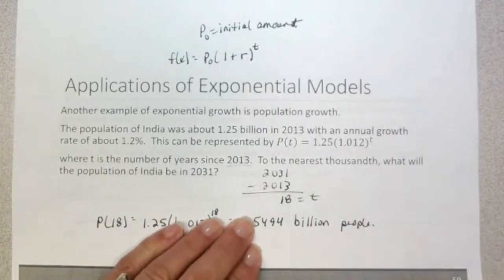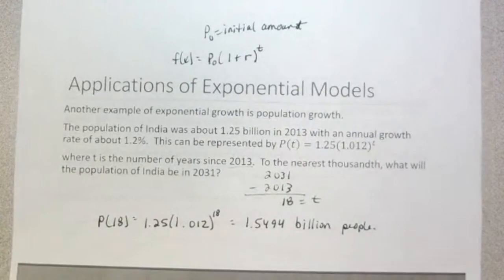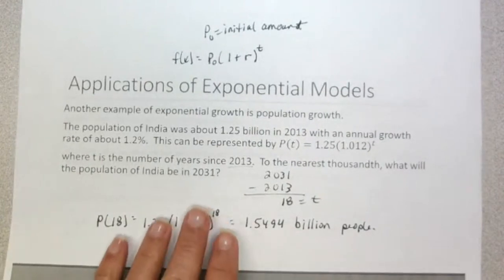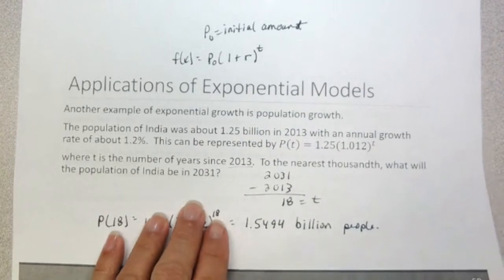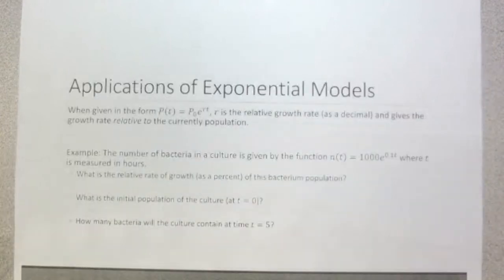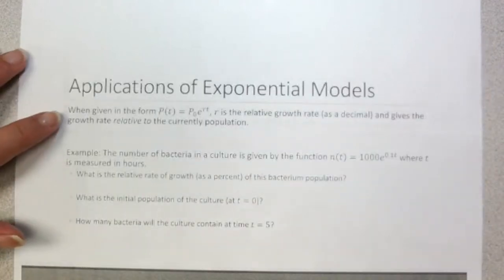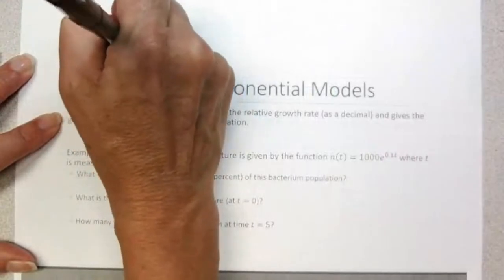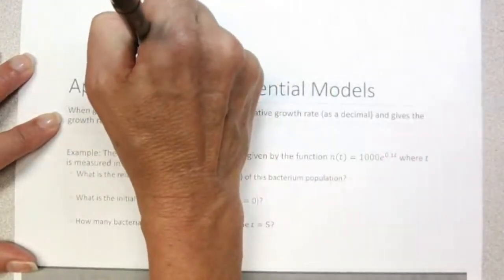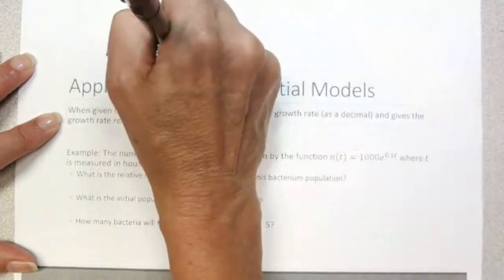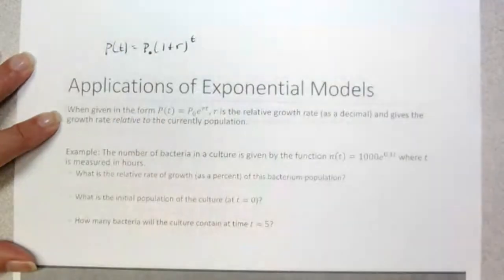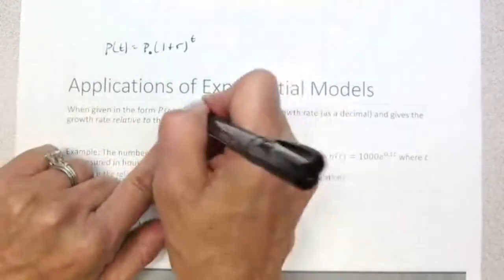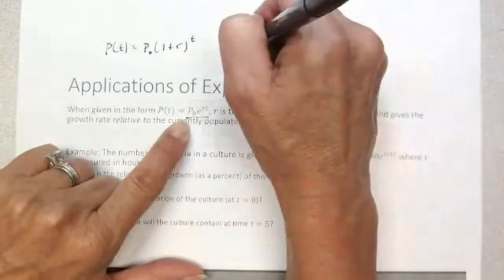But not sometimes when we use continuous growth, though. Do you remember we had that PERT model with continuous growth. When we use continuous growth, there's a little bit different form we might see. So instead of P of t equals the initial amount times 1 plus the growth rate raised to the t power, we sometimes see this continuous growth rate formula.